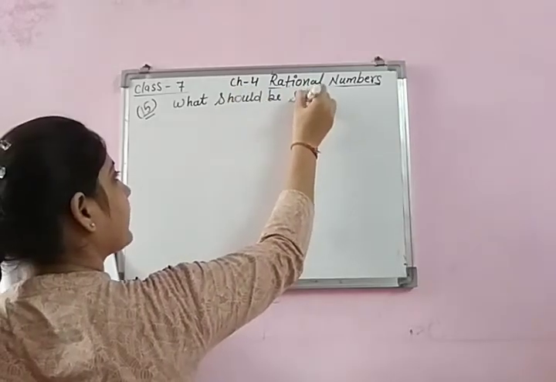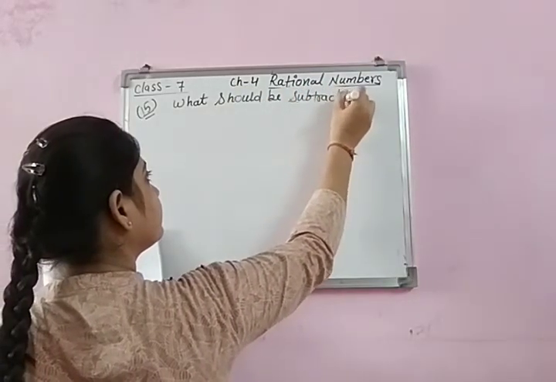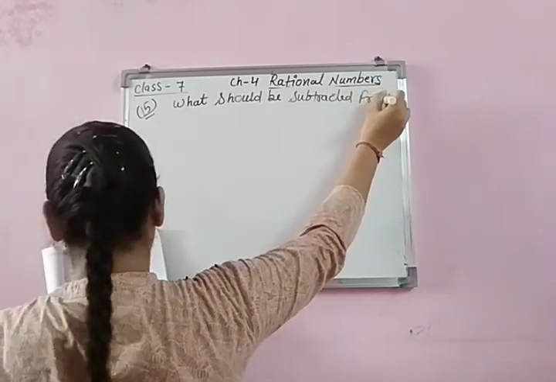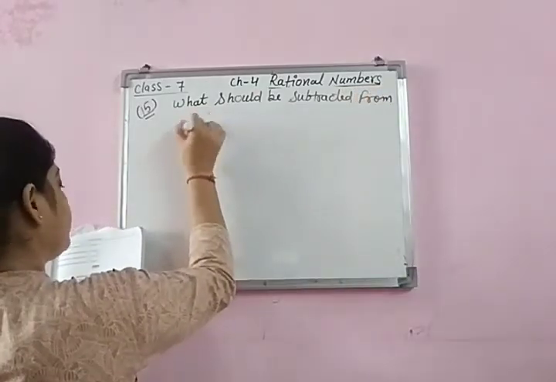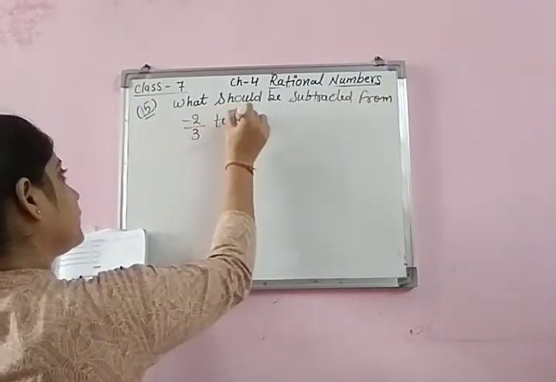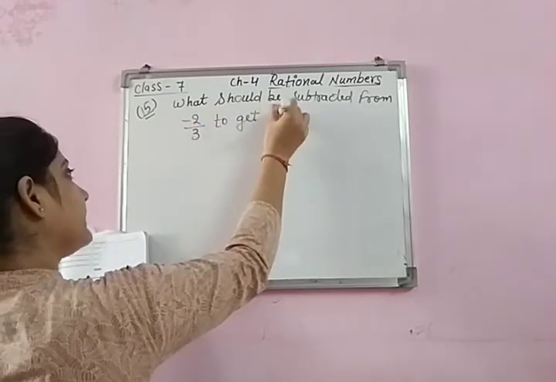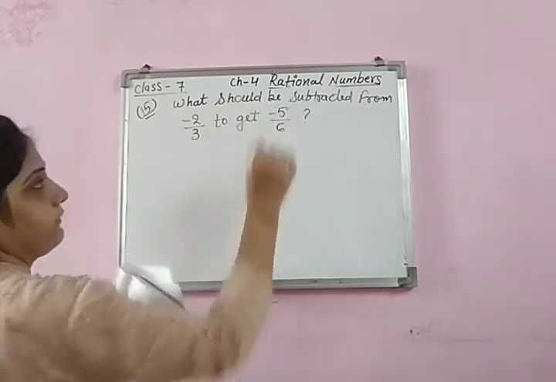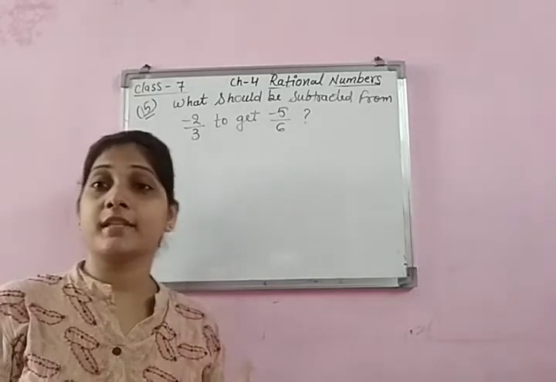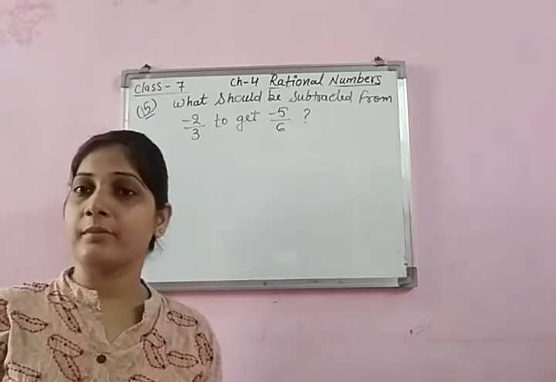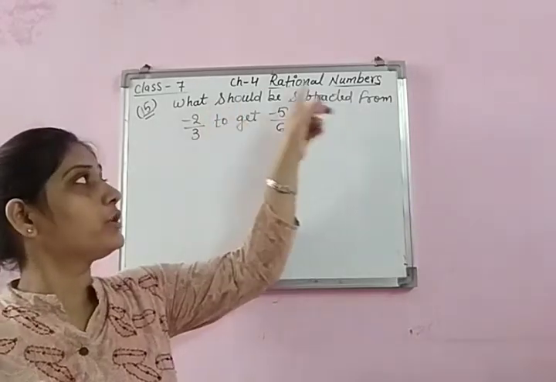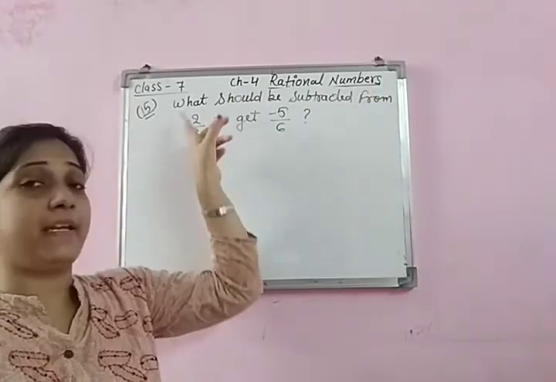What should be subtracted from minus 2 by 3 to get minus 5 by 6? That is the concept of from also. So, you have to remember the position. What should be subtracted from minus 2 by 3?